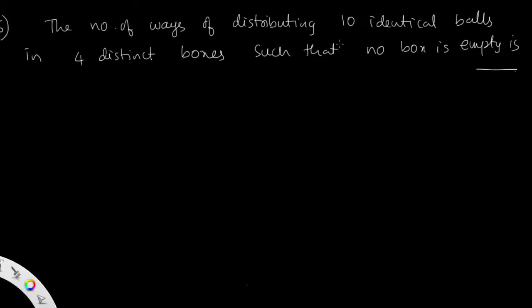No box is empty means 0 is excluded. Therefore the formula is n minus 1 C p minus 1. With n equal to 10 things, that is 10 minus 1 C 4 minus 1, which equals 9C3. That's all. No box is empty means 0 is excluded, therefore the formula is n minus 1 C p minus 1. Okay. Next, question number 7.